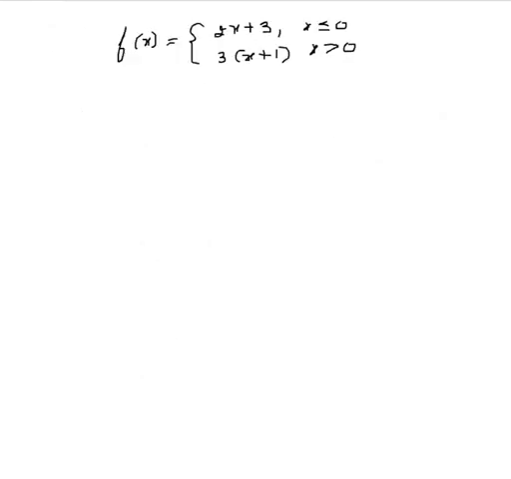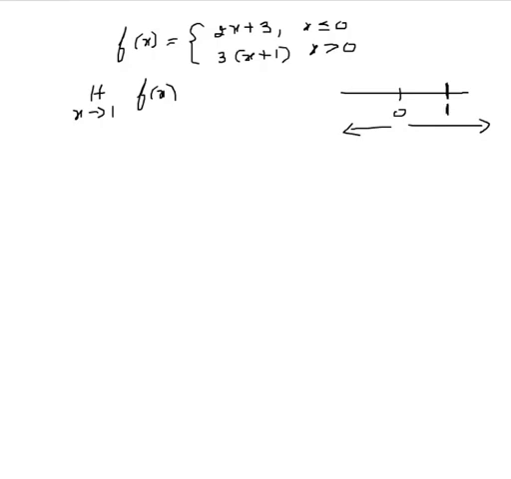For the same function f of x, we need to calculate limit extending to 1 of f of x. Now the definition has been split for less than or equal to 0 and greater than 0. Now we have to calculate the limit at 1.